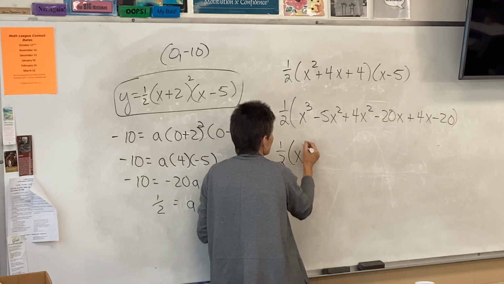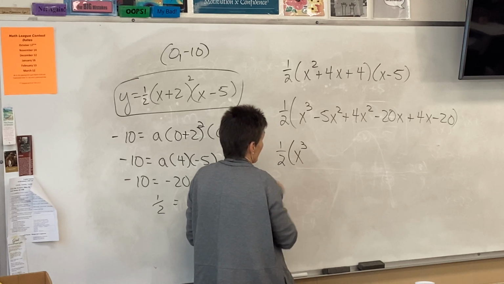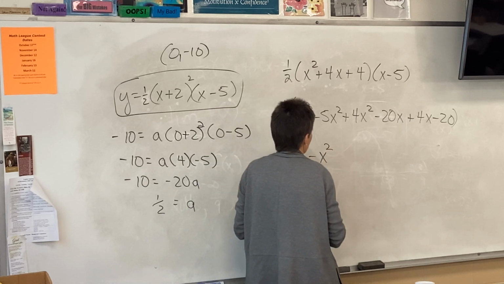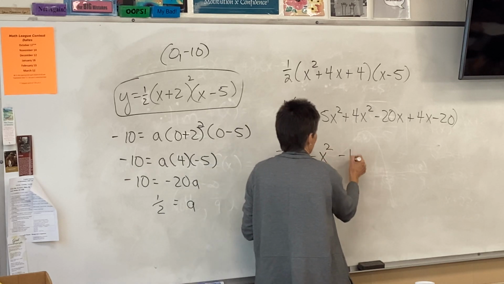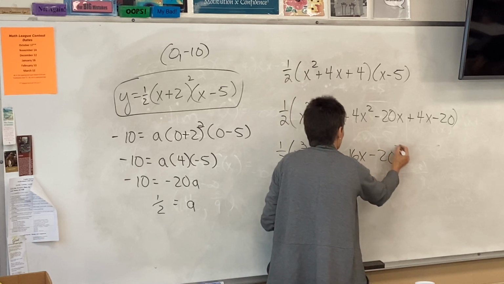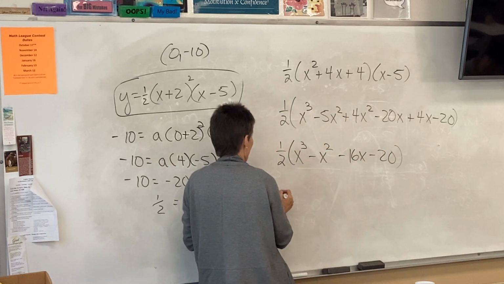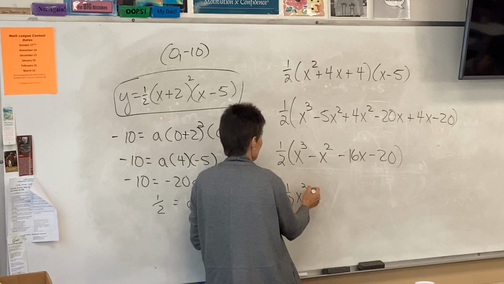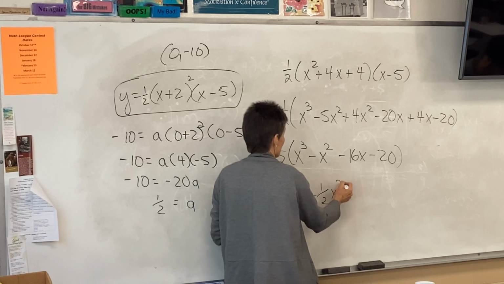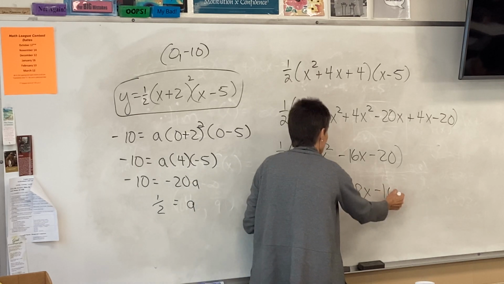Collect like terms. And distribute the 1/2. So 1/2 x cubed minus 1/2 x squared minus 8x minus 10.